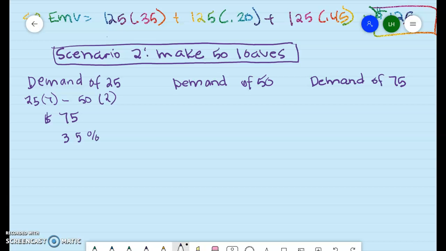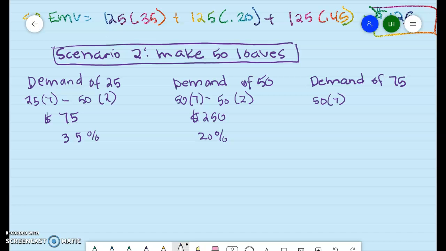Now, if we had a demand of 50, then we made 50, so we can sell all those 50 minus the cost to make those 50, which would give us a profit of $250, and the probability of the demand being 50 is 20%. And then the last one, if we have a demand of 75, we only can sell what we made.